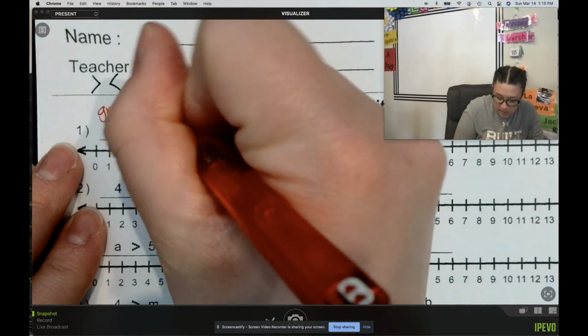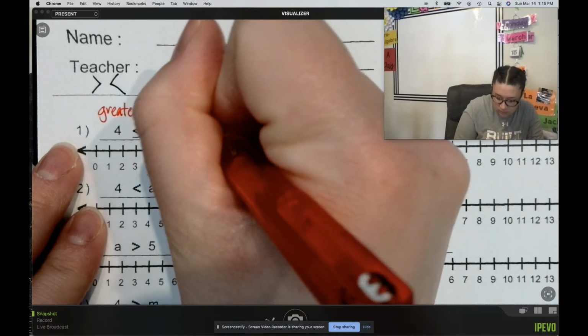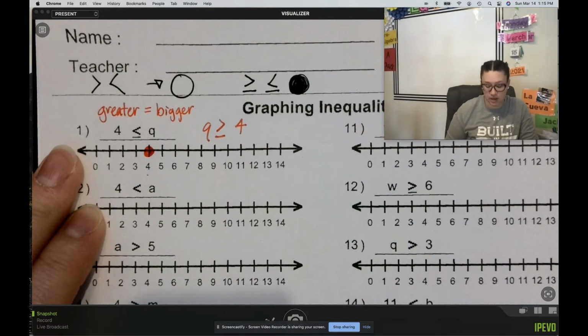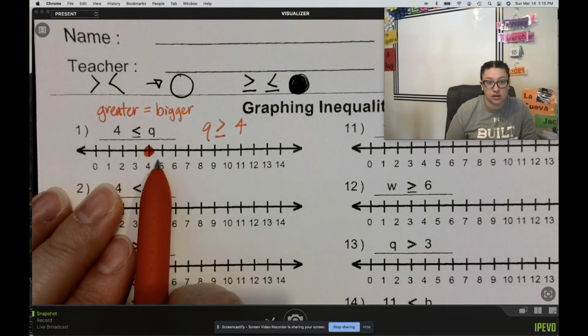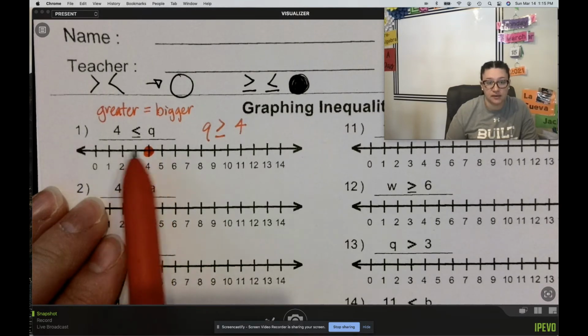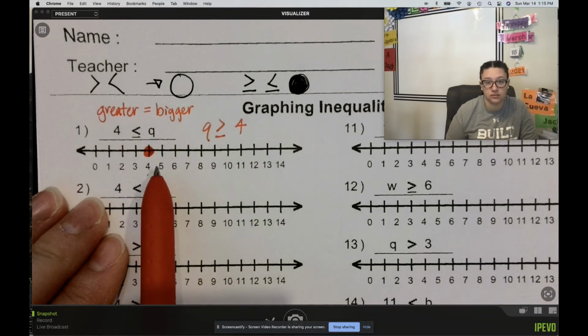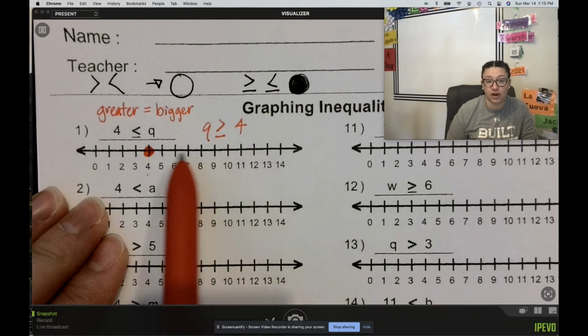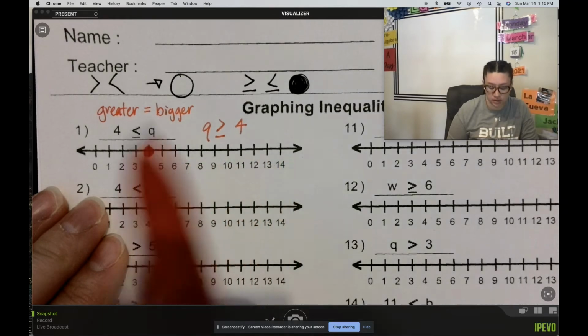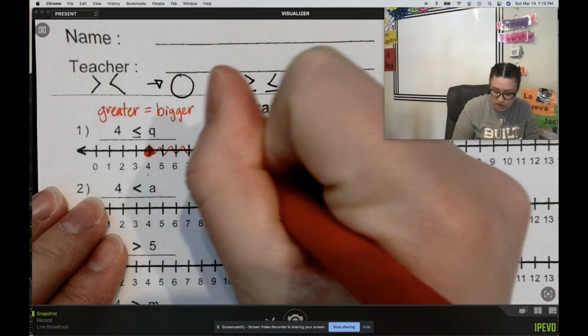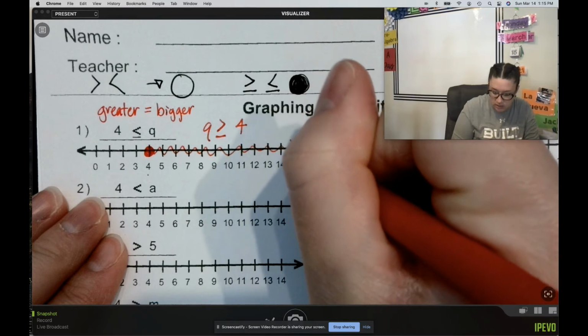Greater than means bigger than 4. So are my numbers to the left or to the right of 4 greater or bigger? My numbers to the right are bigger, are greater than 4. So I'd want to shade going to the right.